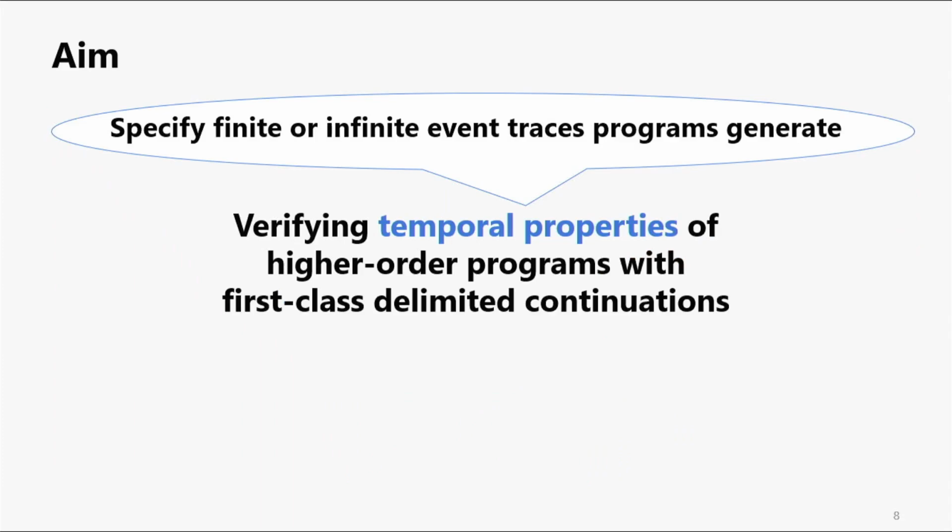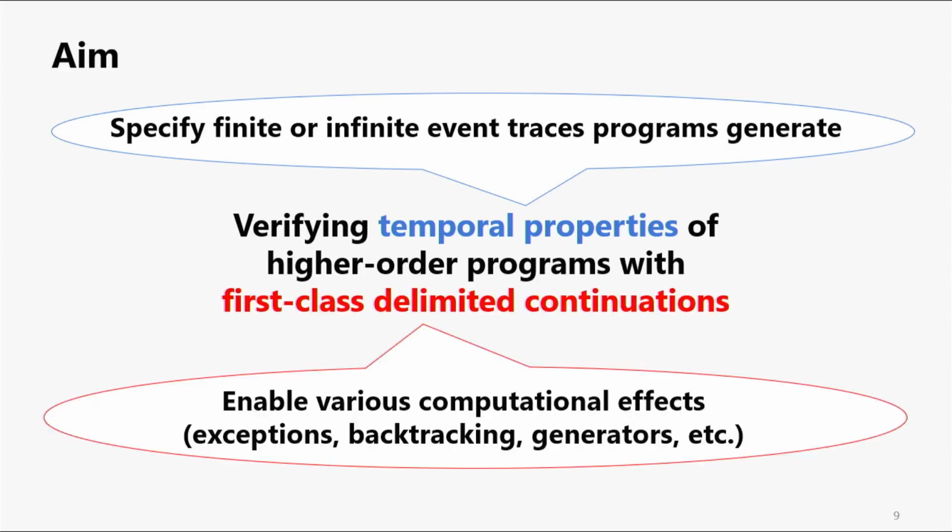So this is the problem we consider in this work. Our aim is to extend our technique for temporal verification to higher order programs that can use first-class delimited continuations. Our motivation to support delimited continuations is that they are a very powerful feature to implement a variety of computational effects.